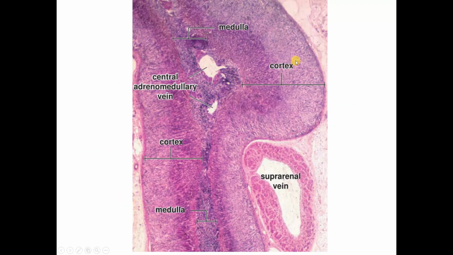Zona fasciculata is mainly responsible for glucocorticoid production, like hydrocortisol and cortisone. These hormones are mainly responsible for gluconeogenesis.